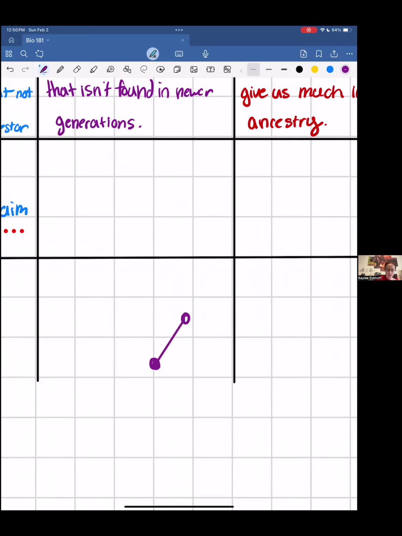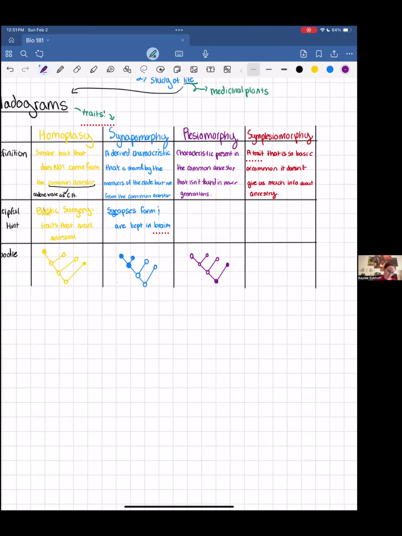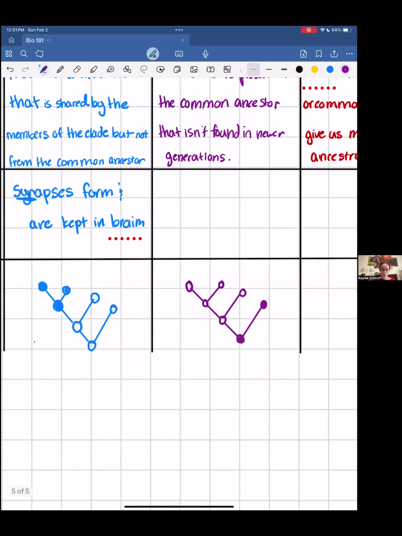So a few of them will have it, but then eventually as you go on, the trait's lost. So it's kind of opposite to synapomorphy, because synapomorphy is something that's new. Plesiomorphy is something that's old.